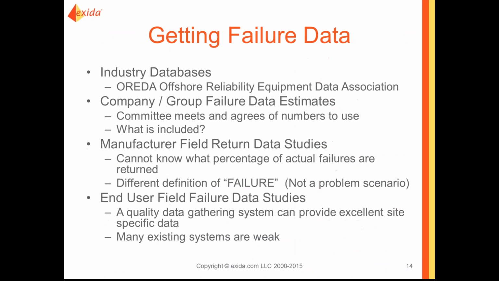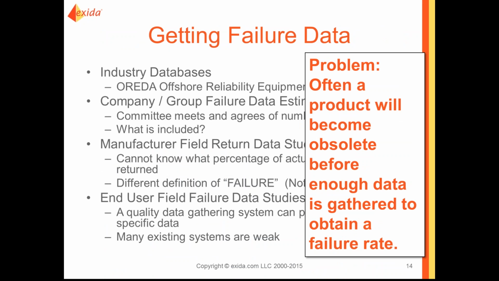To get failure rate information, one of the challenges, if we want to use this information in real time to design systems, is collecting enough information to be used on a new or unique product before it's obsolete. So if there's a new technology or a new thing you want to use, how do you get that data?